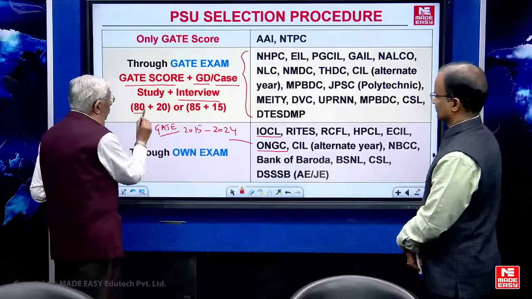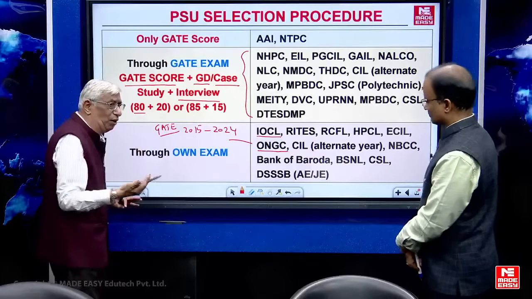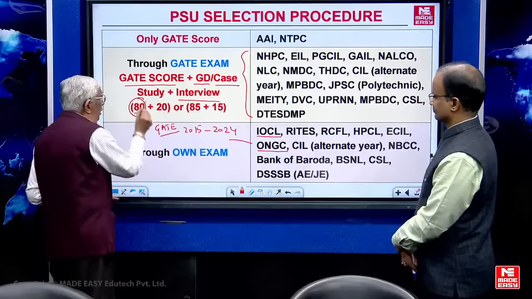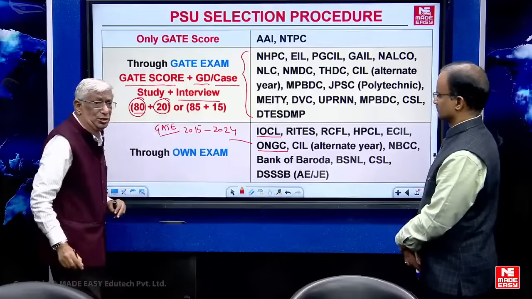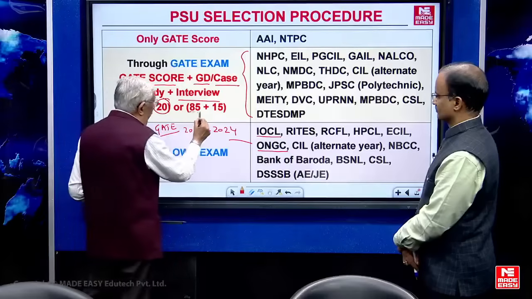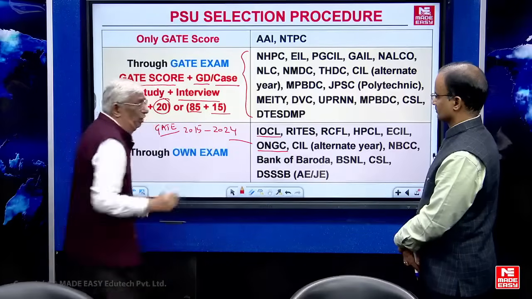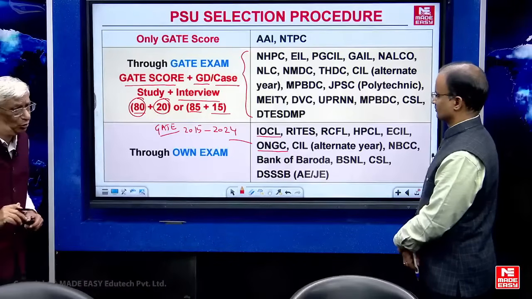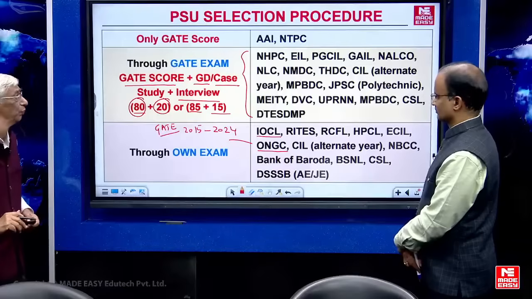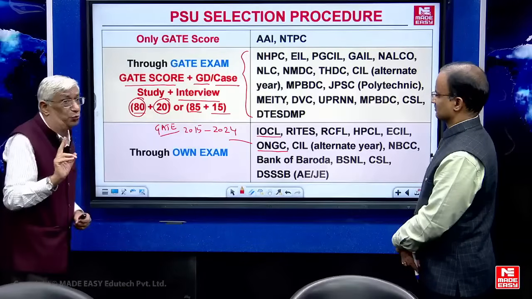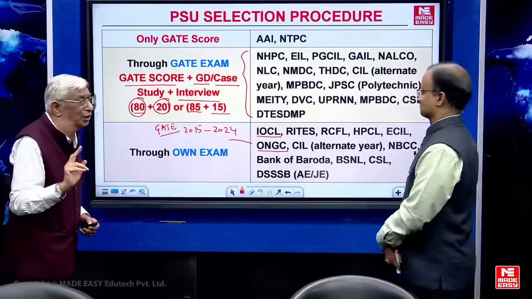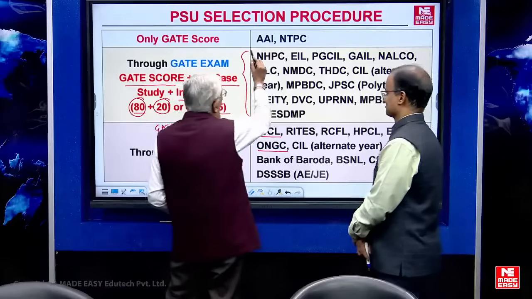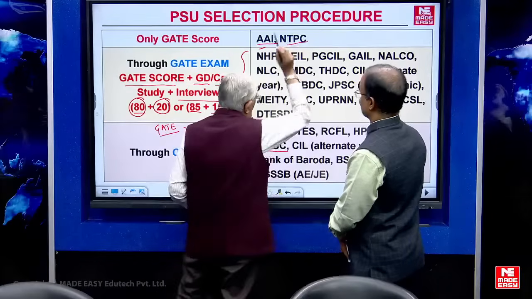The weightage of GATE score is at times mostly GATE marks, which is 80%, and 20% for interview plus GD put together, or 85% of the GATE marks and 15% for the performance in the GD or interview, right? The only two PSUs which are not having any interview are Airport Authority of India and NTPC.